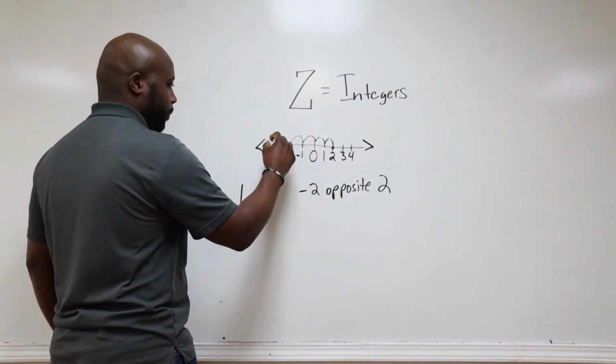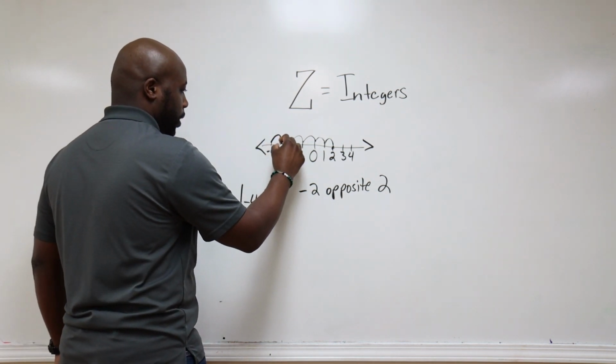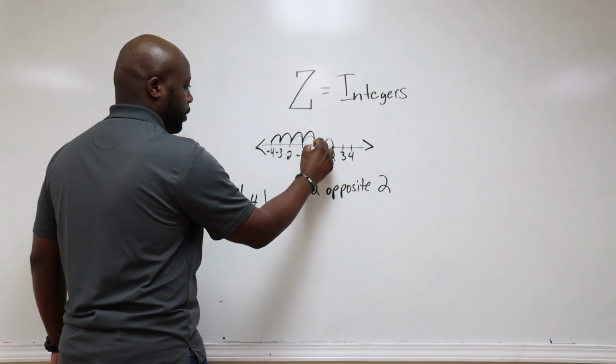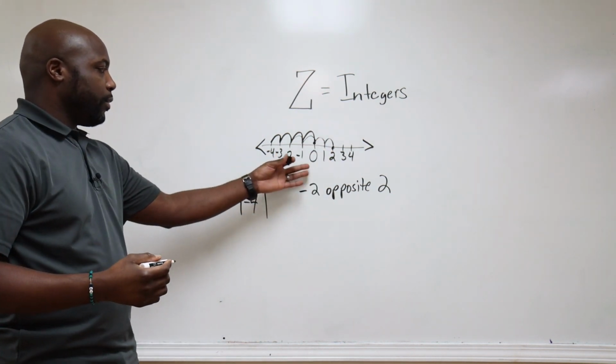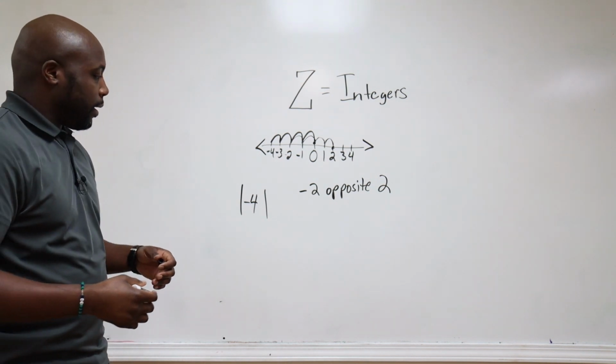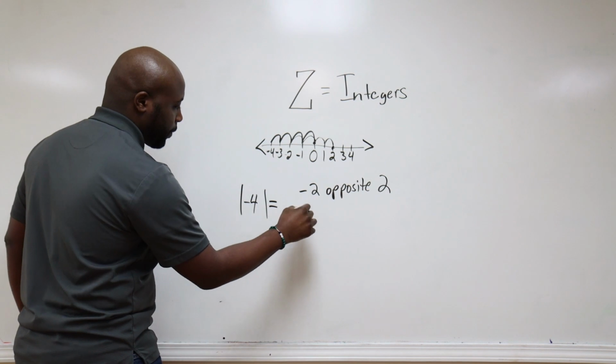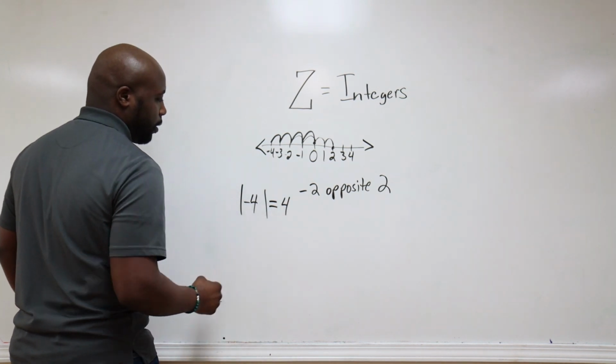Well, let's see: 1, 2, 3, 4. It's only 4 units away from 0. Therefore, the absolute value of -4 is just 4.